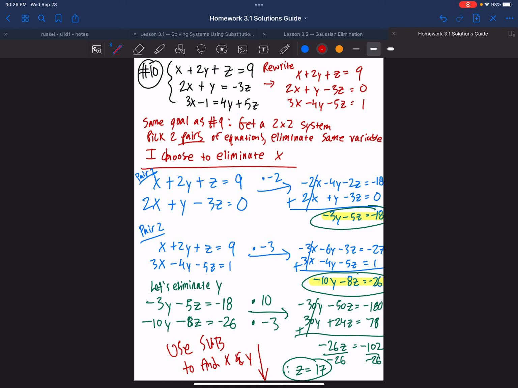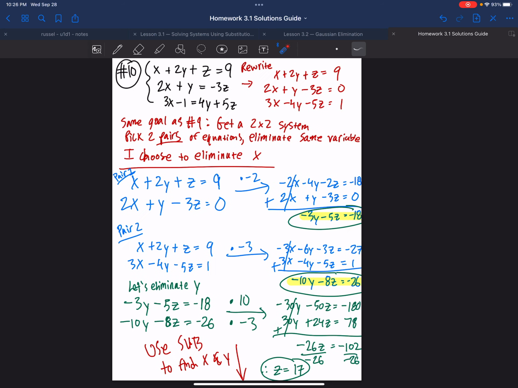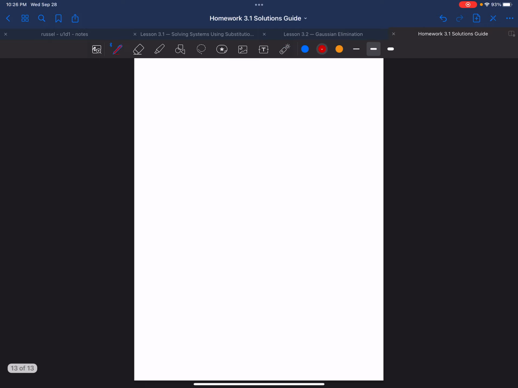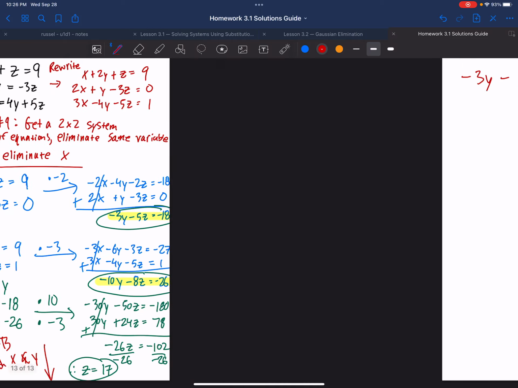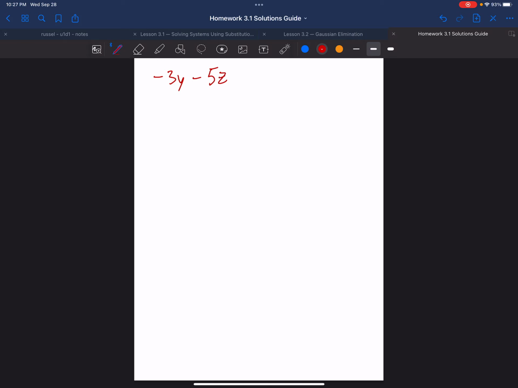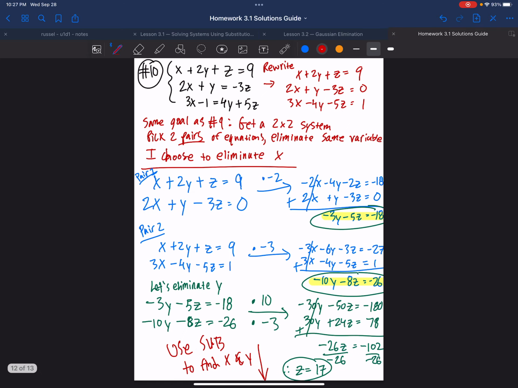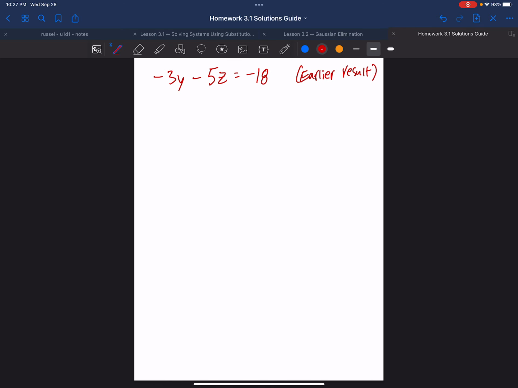So notice how negative 3y minus 5z equals negative 18. I'm going to copy that. Negative 3y minus 5z equals negative 18. Earlier result. That's what that is. And I figured out that z was 17.